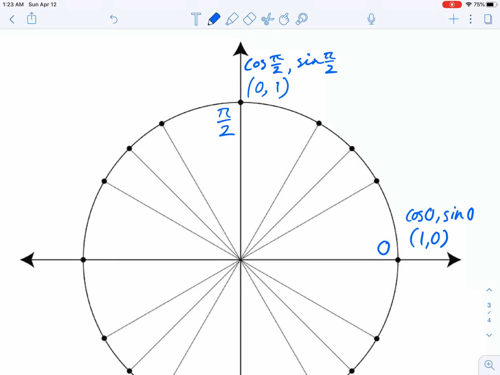Now, let's get into something that's not 0 or 90 degrees. Let's use 45 degrees. So 45 degrees would be my point right here. And we know, courtesy of our conversion factor, that is pi over 4 radians.